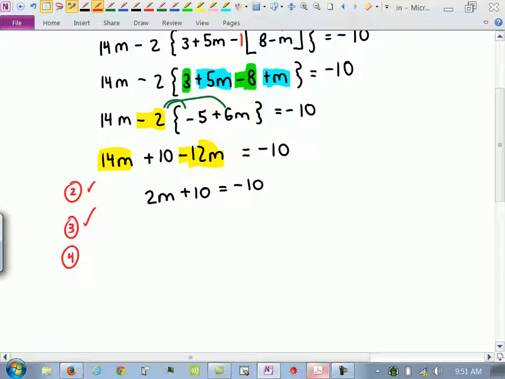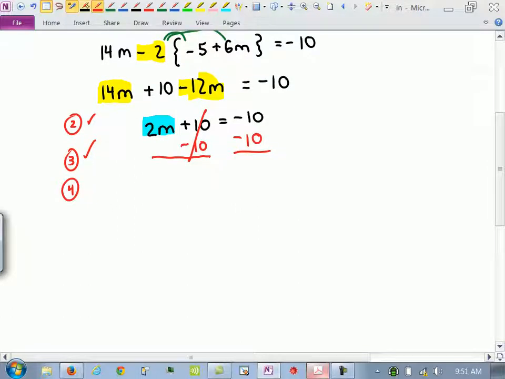Step 4 is to get my variable term isolated. So I'm going to go ahead and do what? To get that 2m by itself, subtract 10 from both sides. When I do that, the 10s cancel out, I get 2m on the left. On the right, if you take 10 away from -10, you get -20.